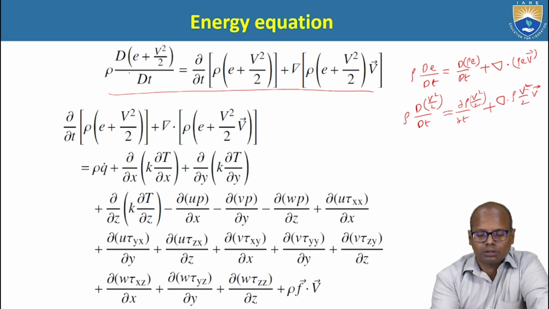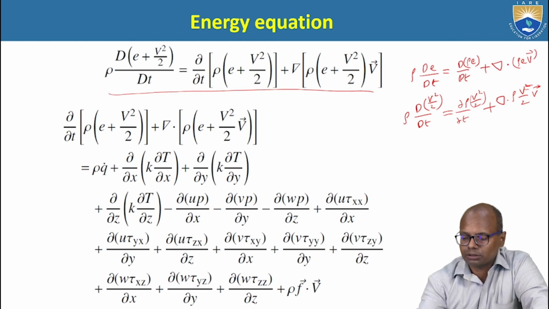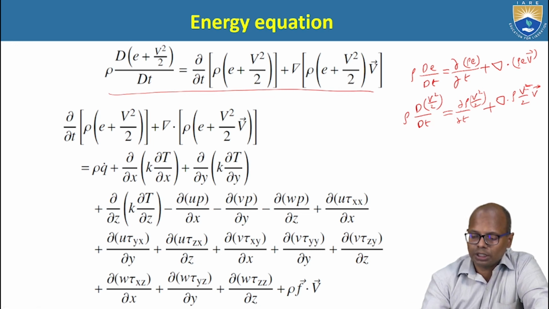What is this? Rho into D by Dt of E plus V square by 2. So this is equal to dou by dou T, which is common. Here it is a total derivative and I am making it into a partial derivative. So dou by dou T is common. Here rho E plus rho V square by 2.